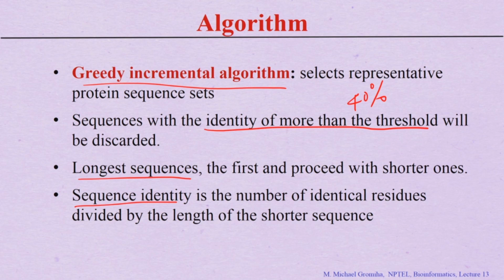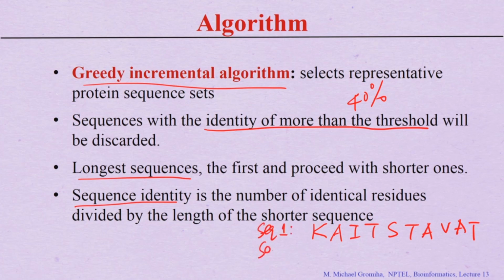For example, if you have two sequences, right, this is sequence 1, then sequence 2, so what is the sequence identity?